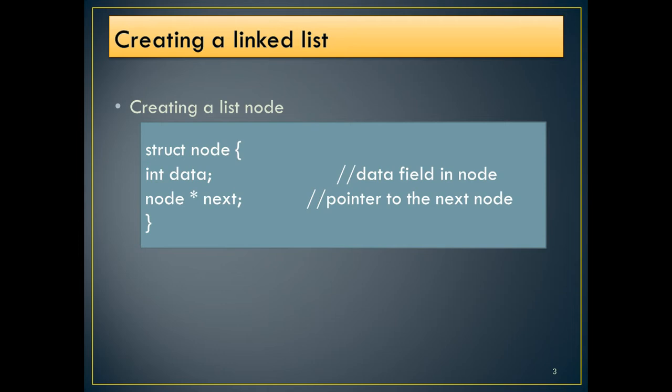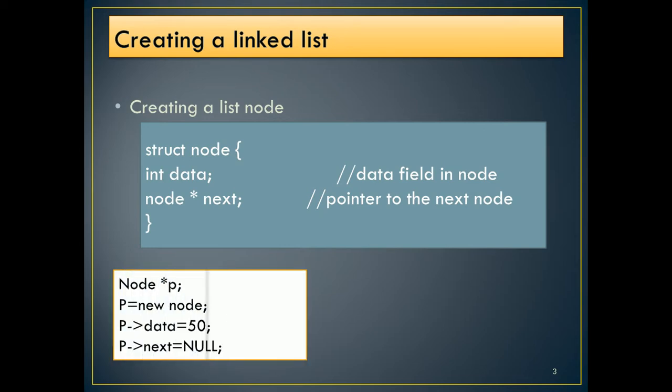Because the node contains two fields, first a data field and second a next pointer field. In the program, for creation of the node, for example node star p is a pointer variable for your singly linked list, and p is equal to new node is used for creation of the new node in the memory location.